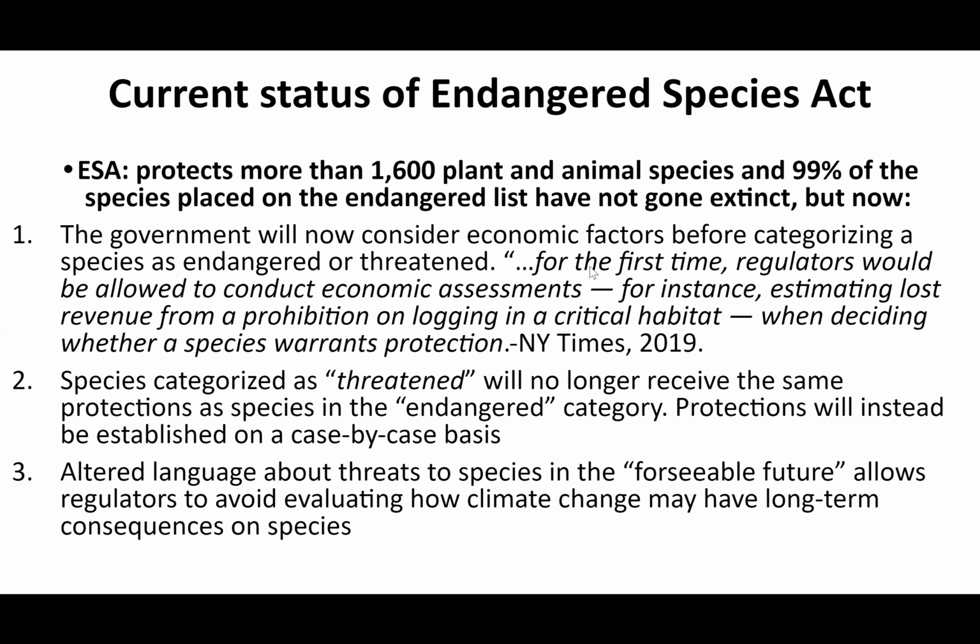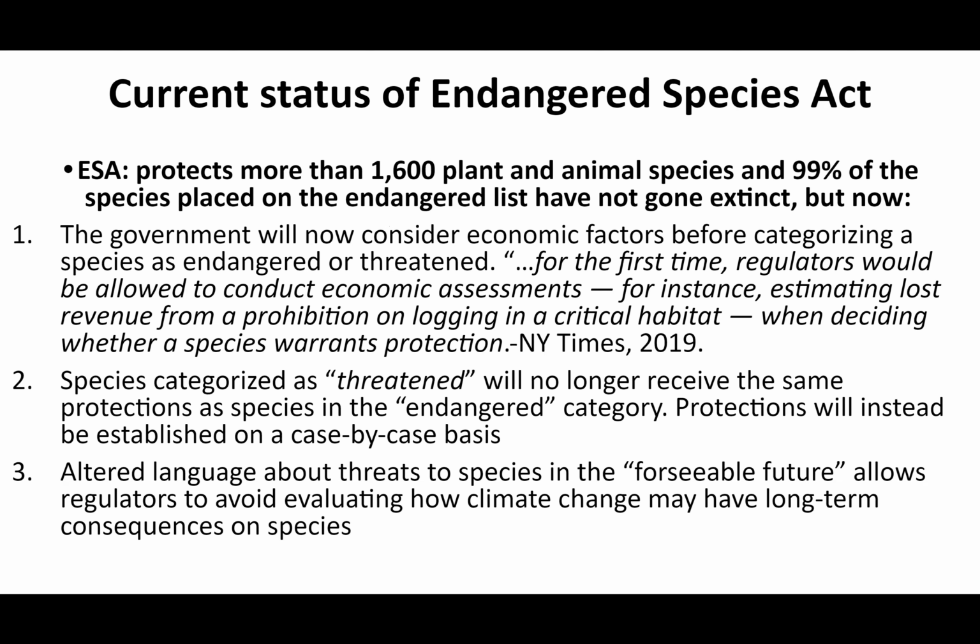Now, in 2019, during the last presidential administration here, there was some pretty severe weakening of the Endangered Species Act, not set forth by Congress or anything like that, but set forth by the president. And I like this quote from the New York Times because it describes really well what the previous administration had done. It says, for the first time, regulators would be allowed to conduct economic assessments, for instance, estimating lost revenue from a prohibition of logging in a critical habitat when deciding whether a species warrants protection.